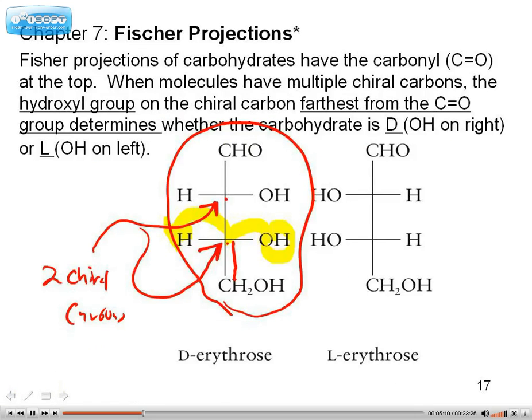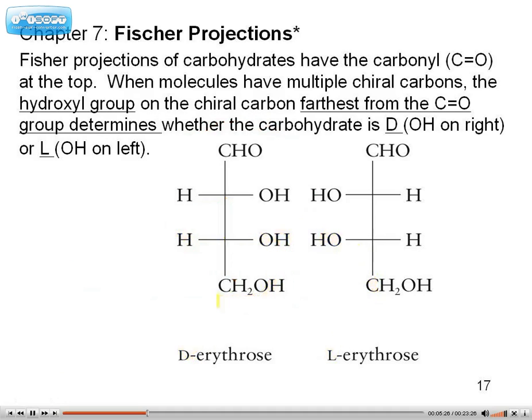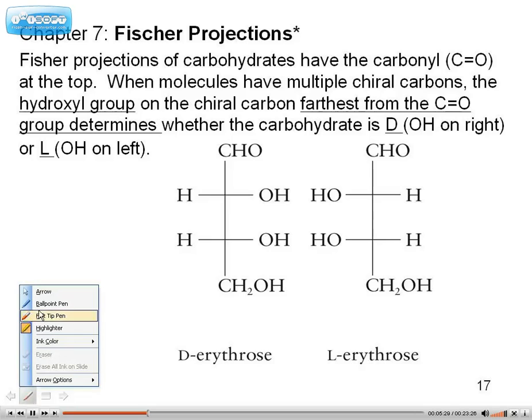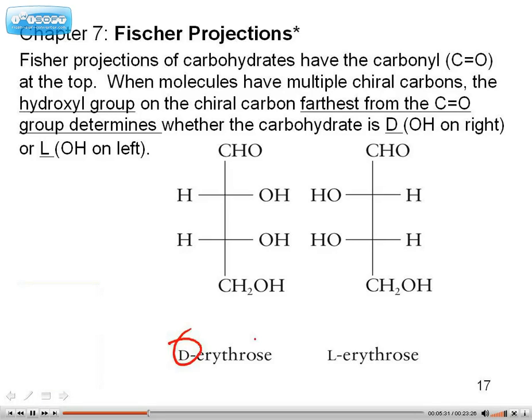If it's on the right-hand side, it's going to be a D. If it's on the left-hand side, such as its opposite enantiomer, then it's going to be considered L. So this is very straightforward compared to the other single chirocarbon enantiomers we talked about. So on the right for the alcohol, D. On the left, it's going to be L.